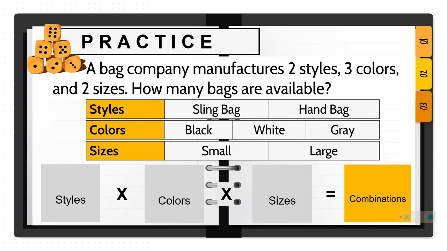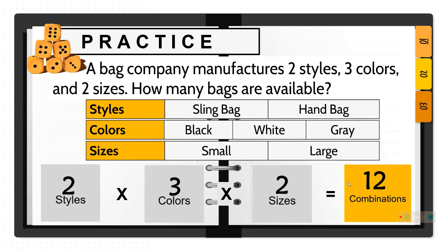Instead of using those methods which are long enough, we have here the short method, the FPC. So we have 2 styles, 3 colors, and 2 sizes. So we are going to multiply that for us to have the combinations of the styles, colors, and sizes of bags that are available. So we have here 2 times 3 times 2 is 12.